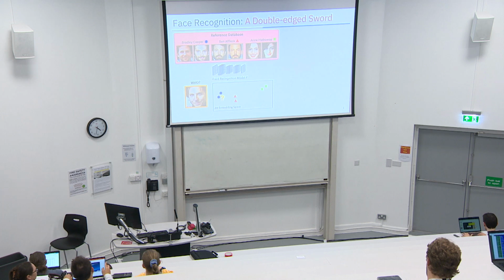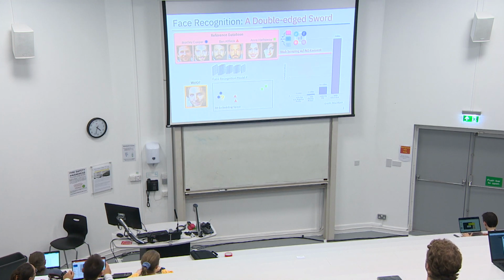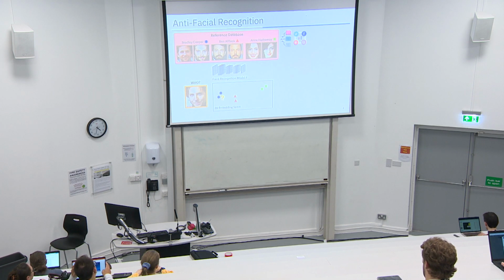Misuse or abuse of this kind of models can lead to serious privacy concerns, because privacy intruders can construct this reference database by web scraping. In fact, a couple of companies have already done it on a large scale, having reference databases with images of millions of citizens and offering face recognition services without their consent.